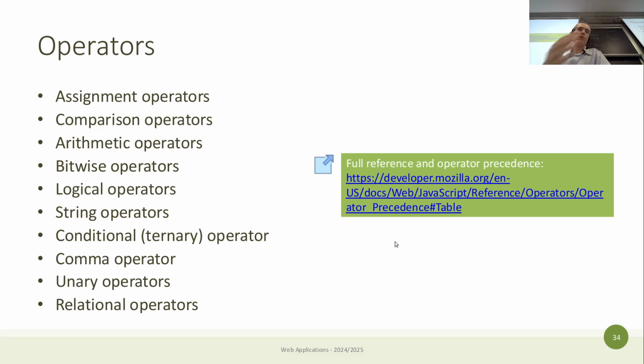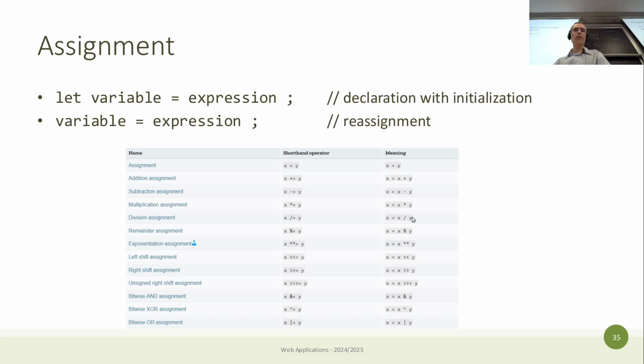And a lot of stuff which is typically not so much used. We will not have a look at all of them during the lecture. In case you need, you'll search for them. We already saw the assignment, let or const, depending on what you need.